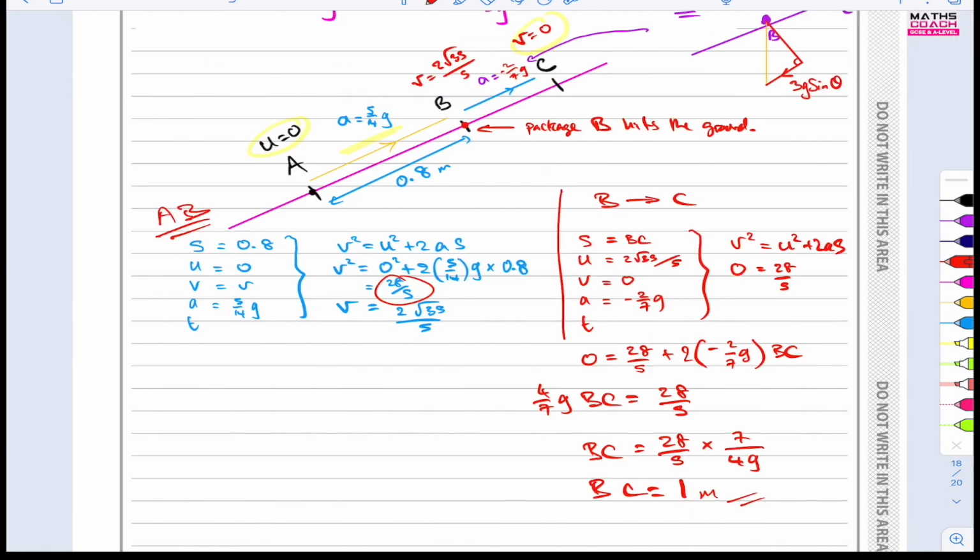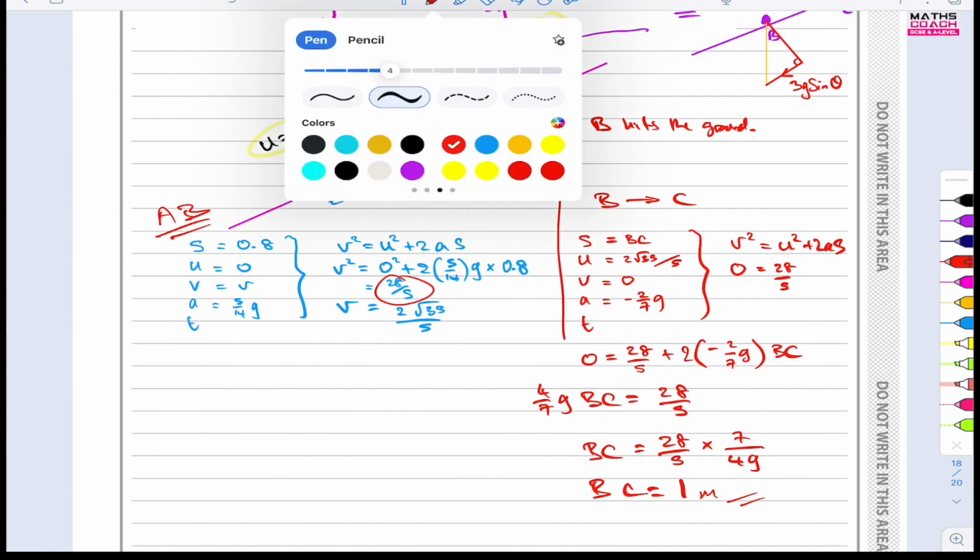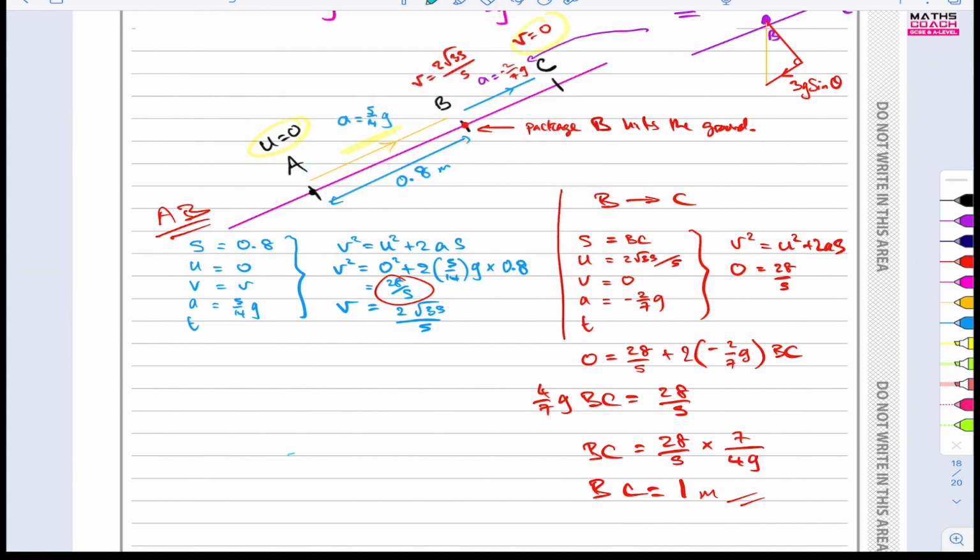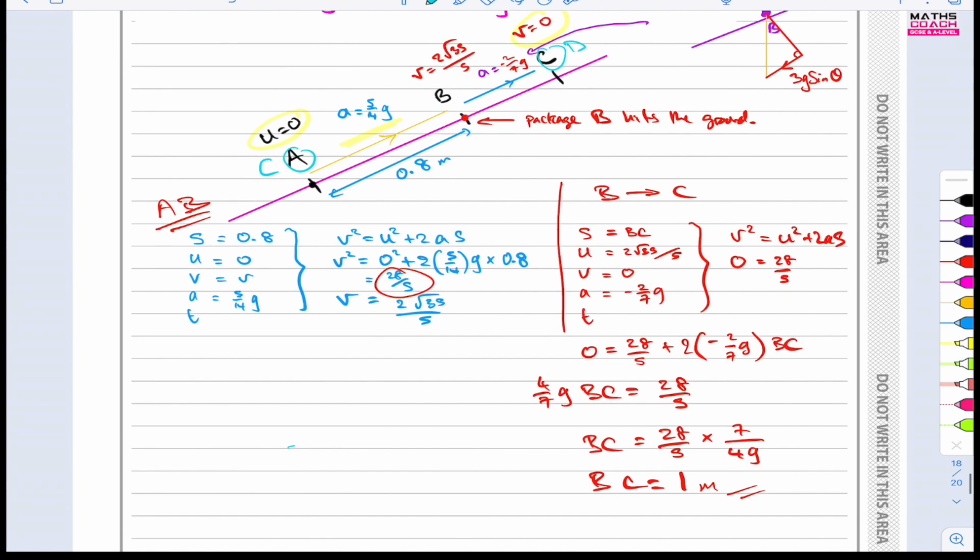Right, I just realized I haven't annotated the points correctly on my diagram. If we link it to the question itself, point C is actually point D, and point C is point A. So we are required to work out the distance from C to D. So therefore, C to D would be equal to 0.8 plus the distance from B to C, or B to D in this case, which is 1 meter.